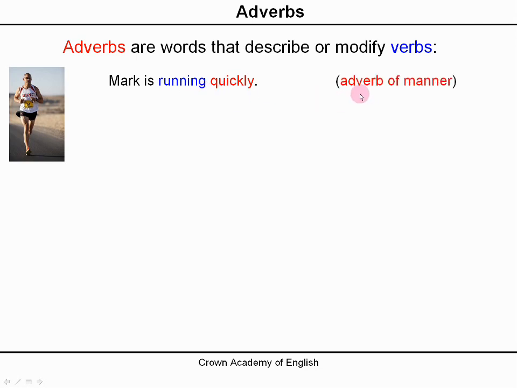And here, this is an example of an adverb of manner. Jane never drinks coffee. This is an adverb describing the verb drink. And it is an adverb of frequency.